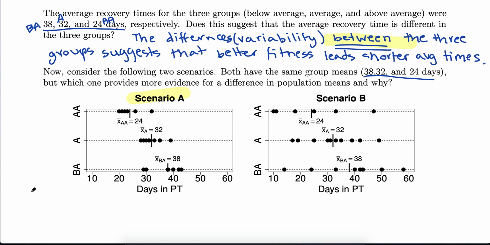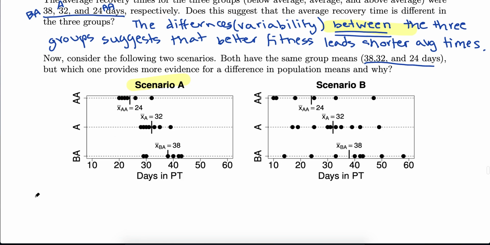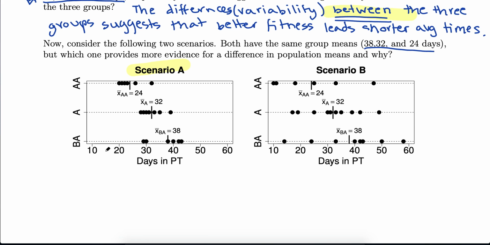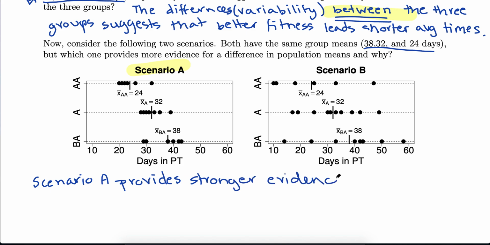Let's write down some of this. I'll say something like this: Scenario A provides stronger evidence that the differences between, emphasize that keyword again, between sample means.